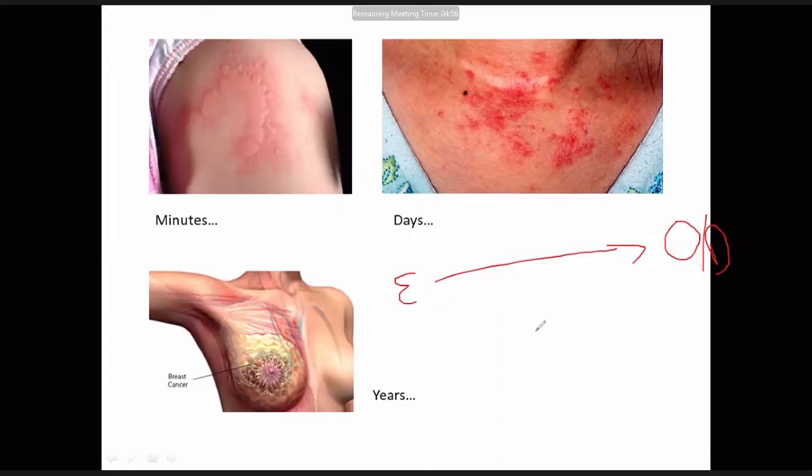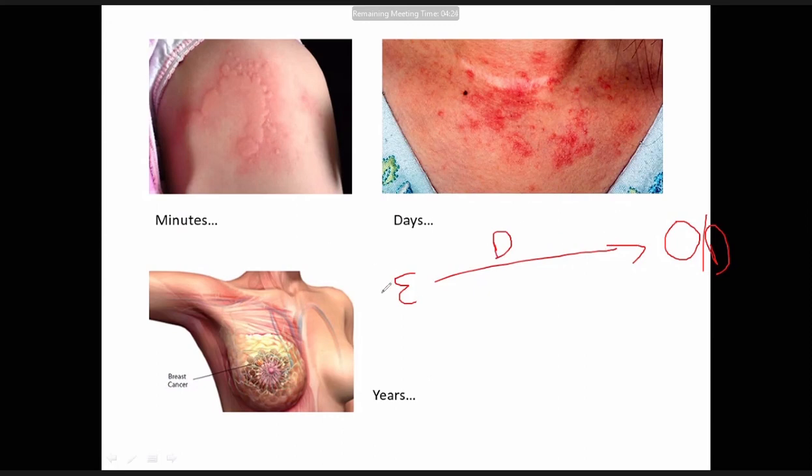Now, it's difficult when conditions develop very slowly. So you can give a drug when somebody has already started developing a disease, or the disease has already started progressing, and you give the drug right in the middle of that disease progression.